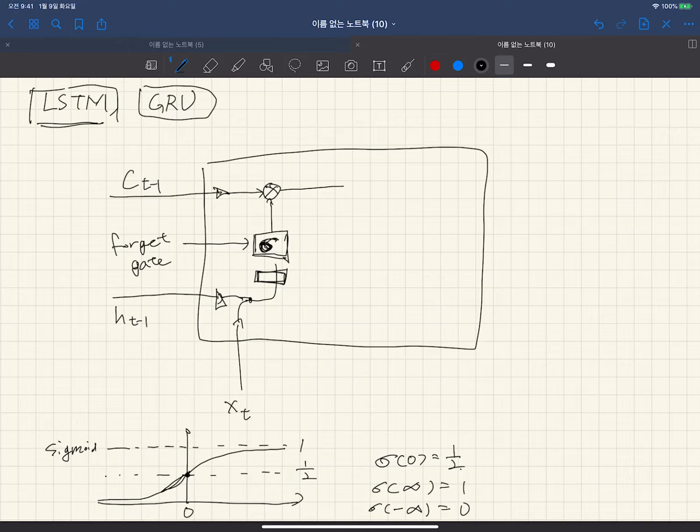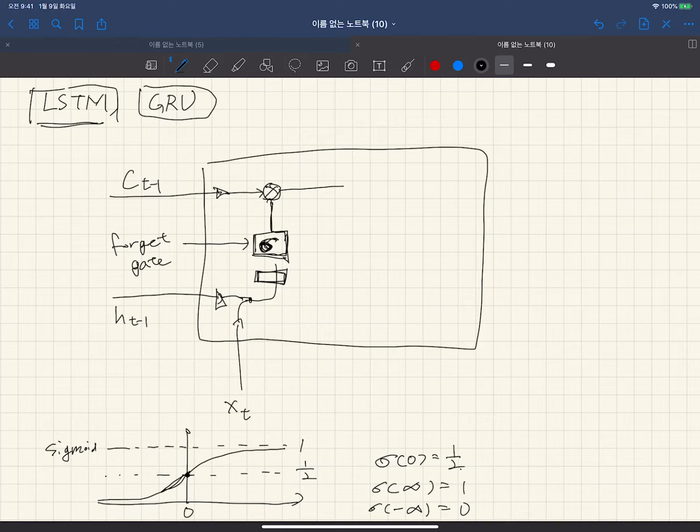Okay, so when you multiply by the sigmoid output, you can control how much of the previous information can go through this unit, since it multiplies by some value between 0 and 1. Of course, ct-1 can be a high-dimensional, multi-dimensional vector.